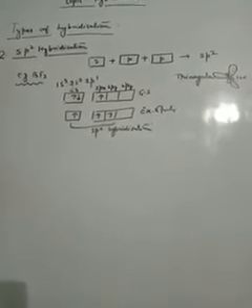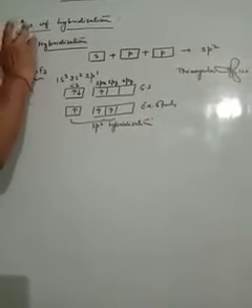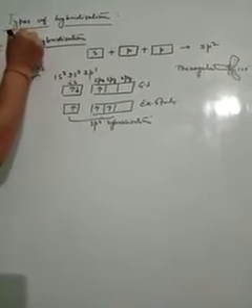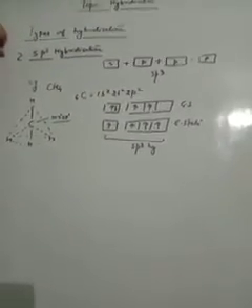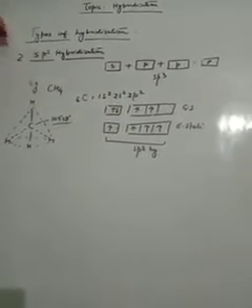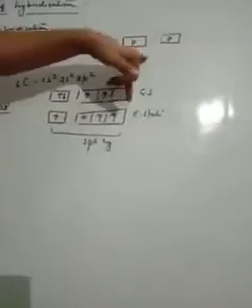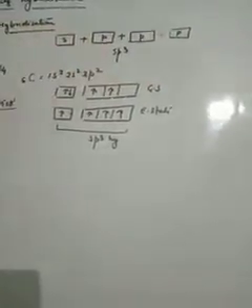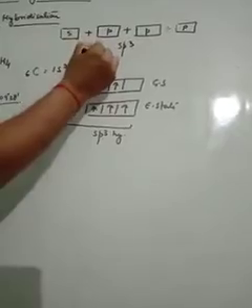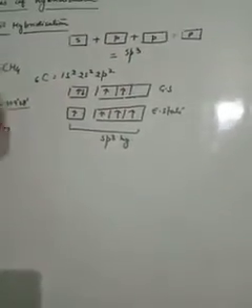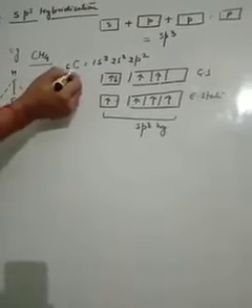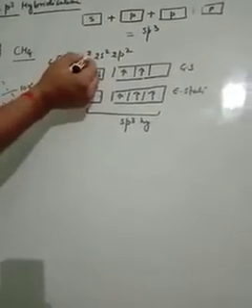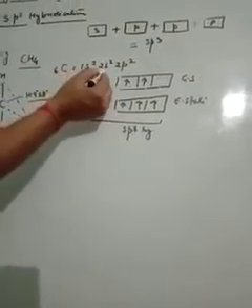Now next one, sp3 hybridization. Under the sp3 hybridization, 1s and 3p suborbitals combine and give sp3 hybridization. I am taking the example CH4. Carbon atomic number 6, electronic configuration 1s2, 2s2, 2p2.